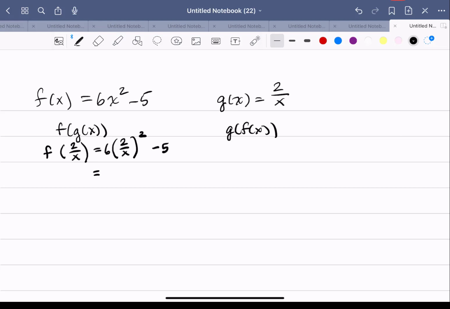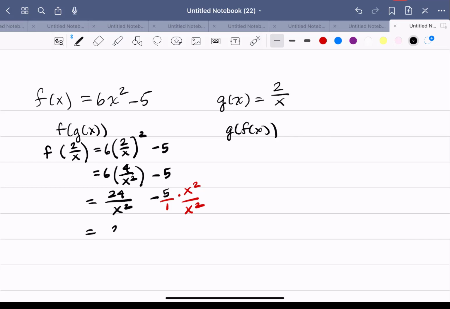So now I'm going to simplify. 6 times 4 over x squared, subtract 5, is going to be 24 over x squared, subtract 5. I'm going to get a common denominator by multiplying the top and bottom of the second fraction by x squared over x squared.